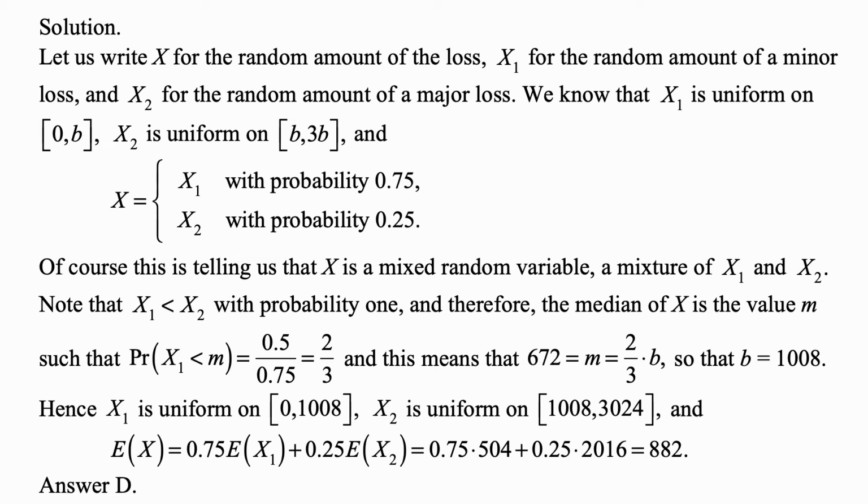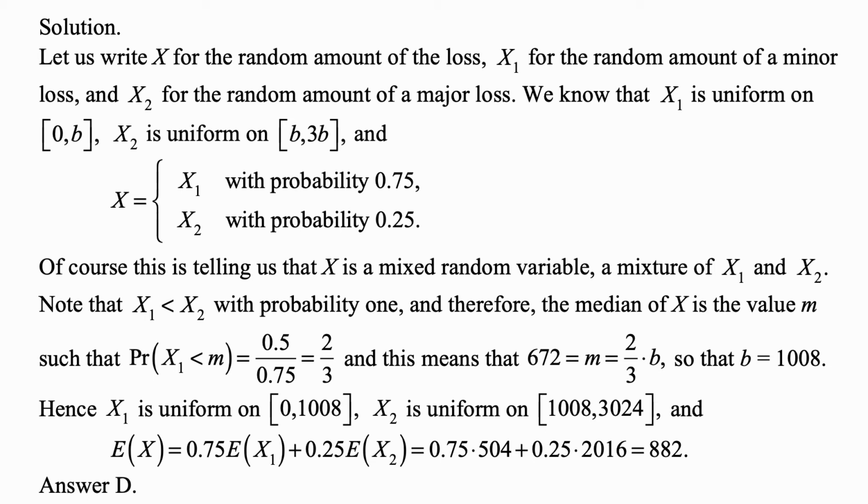And that means that 672, which is the median, is 2/3 of B, because X1 is uniform from 0 to B, and so you reach the probability of 2/3 at 2/3 B, and that means that B is equal to 1008. Hence, X1 is uniform on 0 to 1008, X2 is uniform on 1008 to 3 times that, which is 3024.